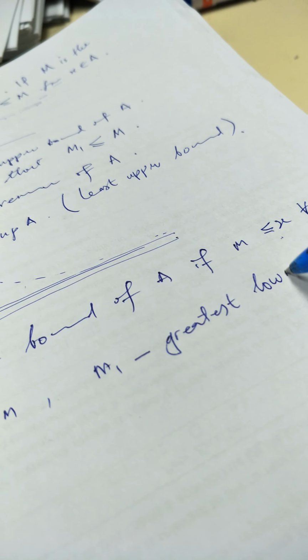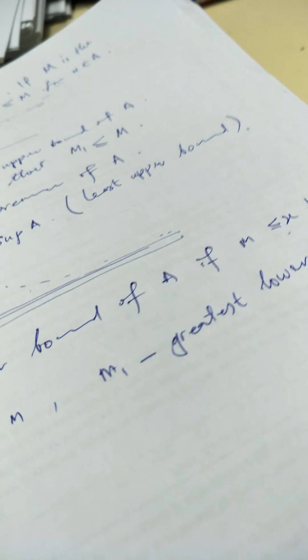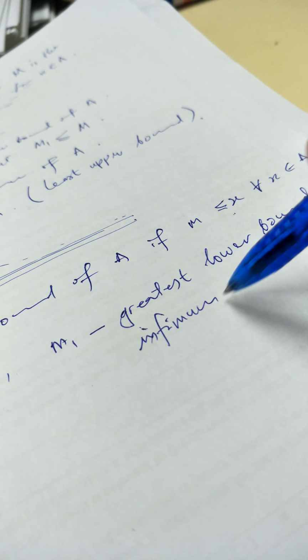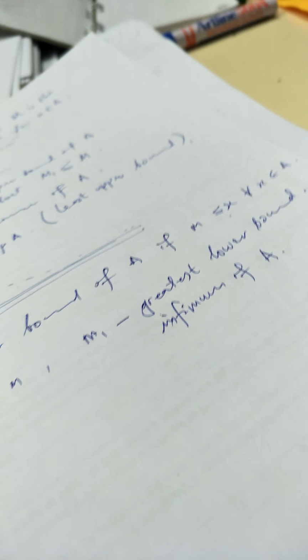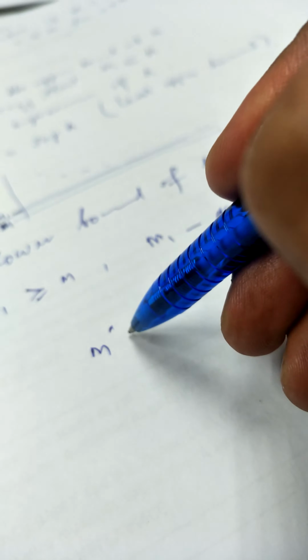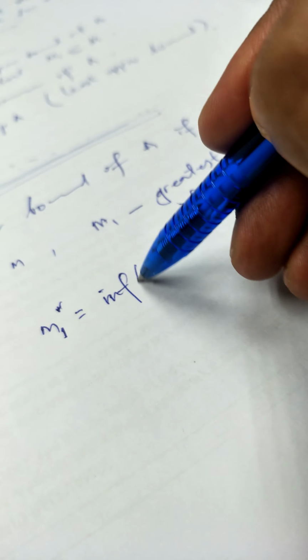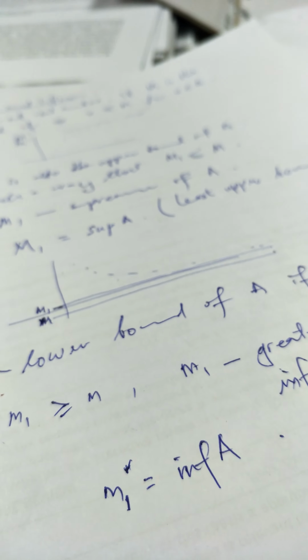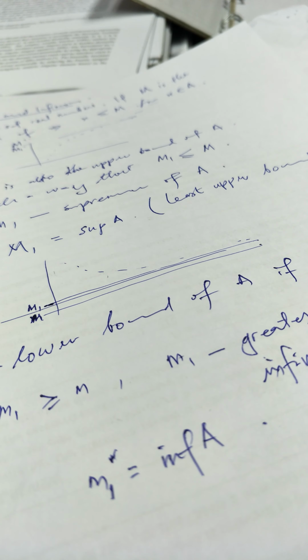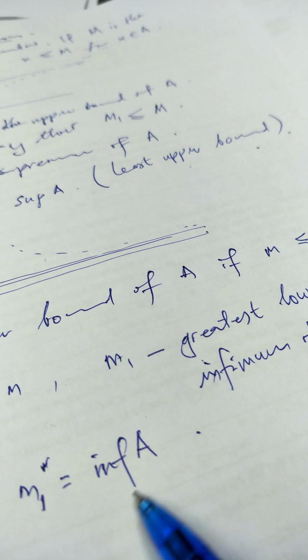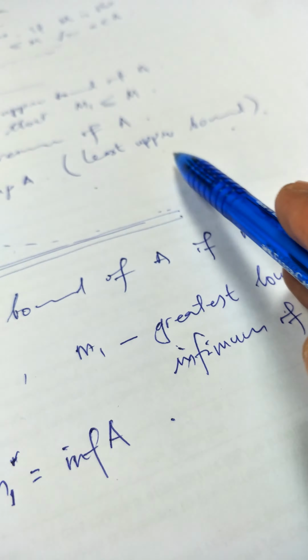Greatest lower bound, or we call it the infimum of A. In terms of notation, we have m1 is the infimum of A. So infimum of A is basically the greatest lower bound, and supremum is the least upper bound.